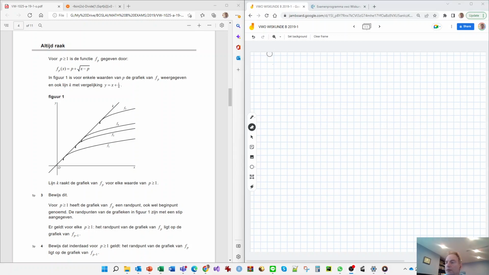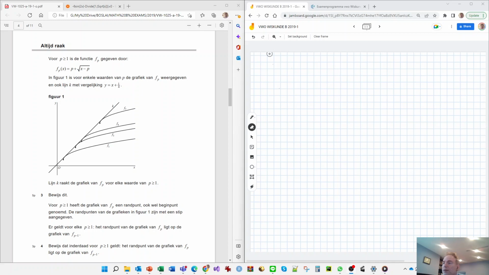Question 4. This graph fp for p greater or equal to 1 has a randpunt. That's probably boundary point or begin point, like entry point. And these are given by the dot here.